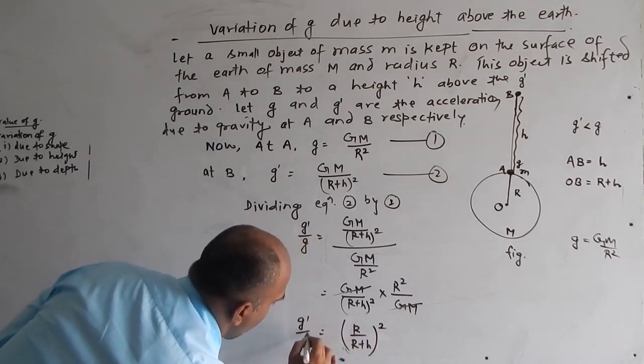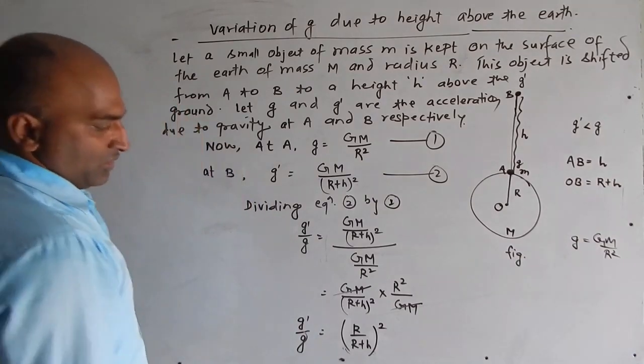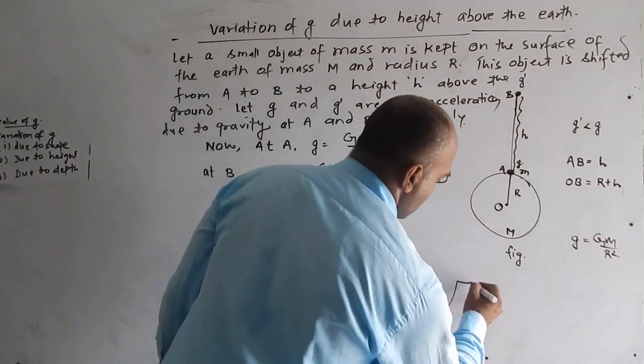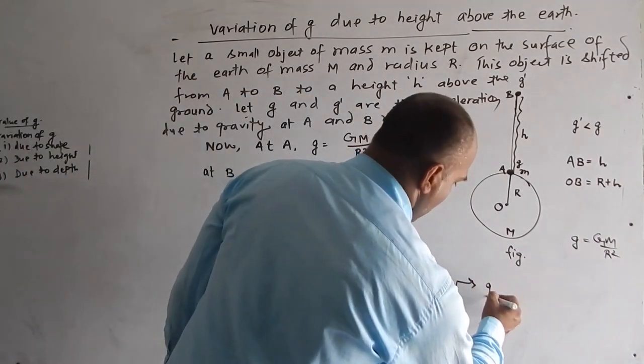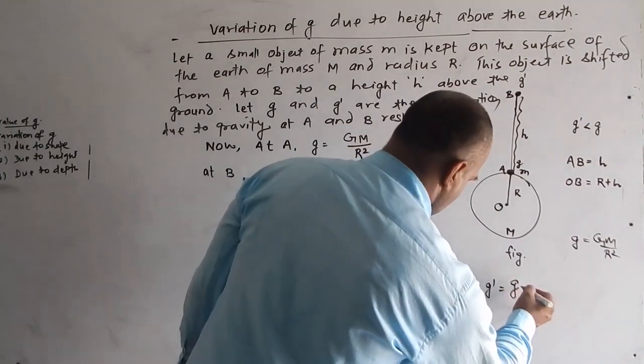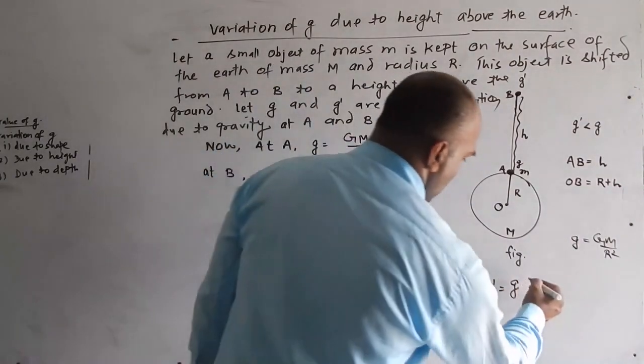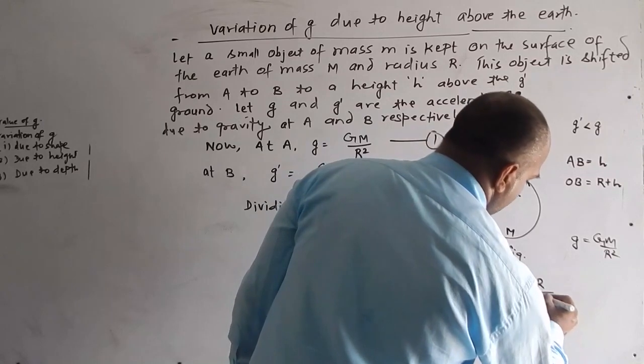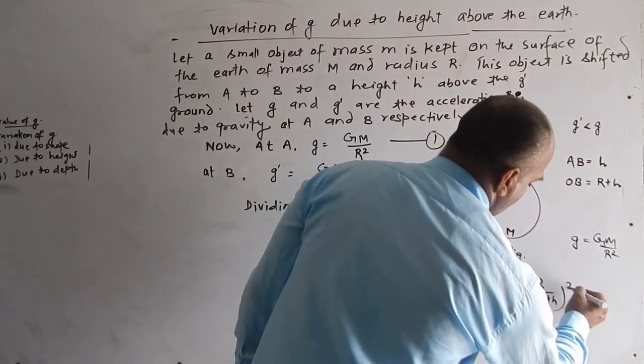Here, g prime by g equal to this much. Therefore, we can write g prime equal to g into R by R plus h, the whole square.